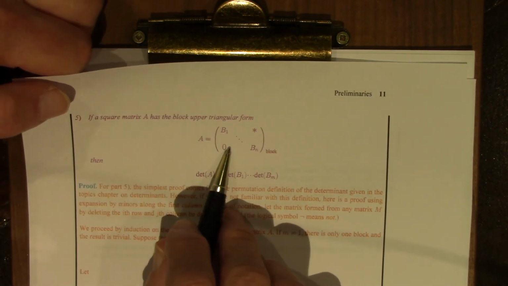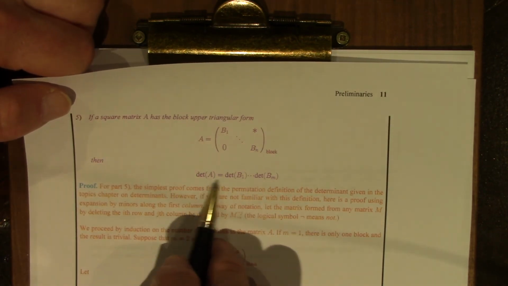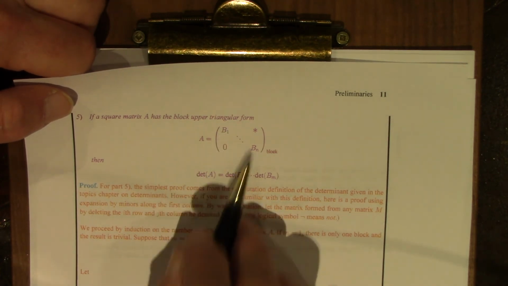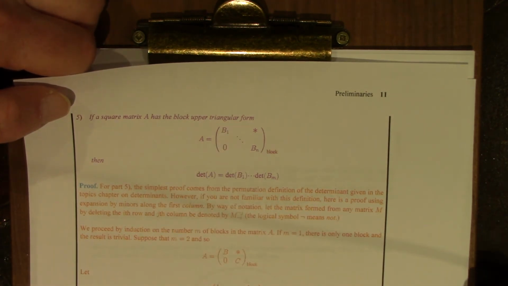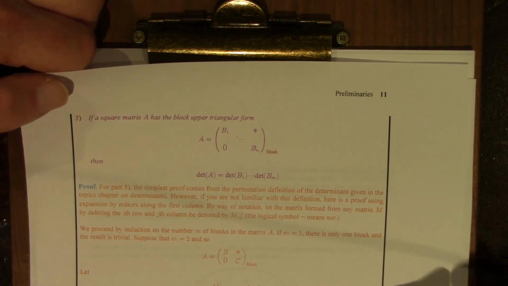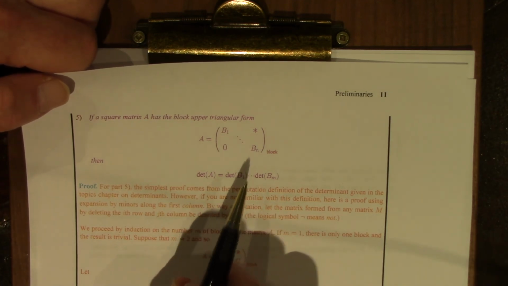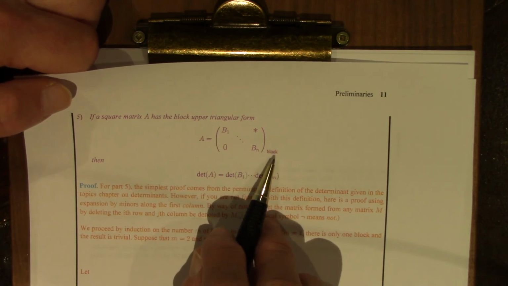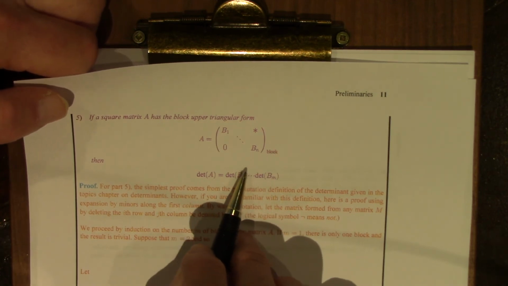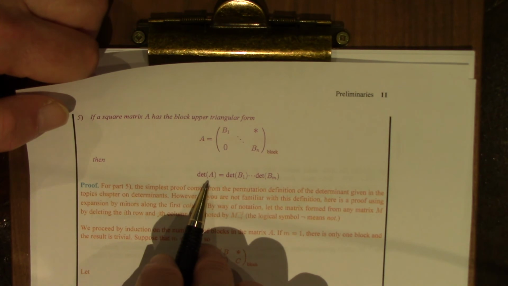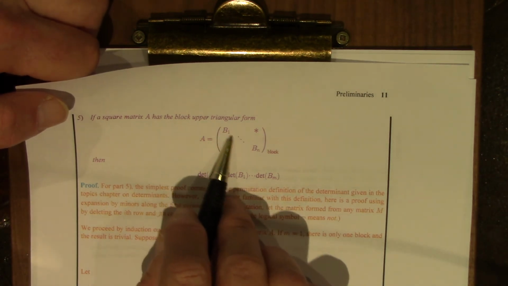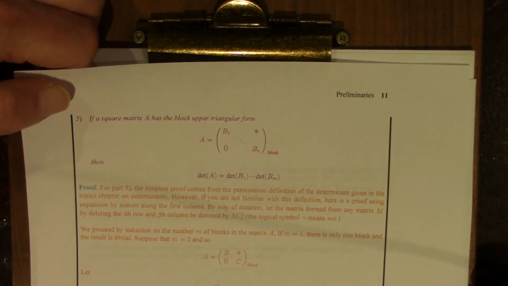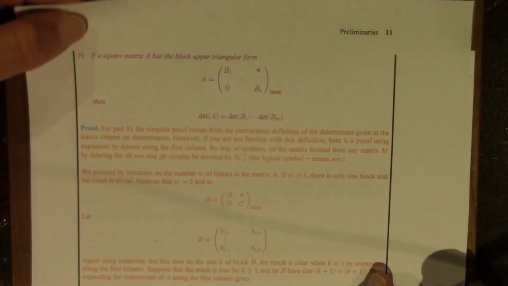The determinant of such a matrix is the product of the determinants along the diagonal. So this is another example of the power of block form. All you need to do to compute the determinant of A is compute the determinant of the diagonal blocks and multiply.